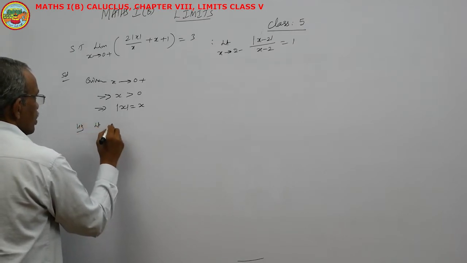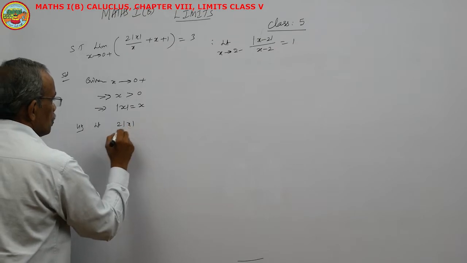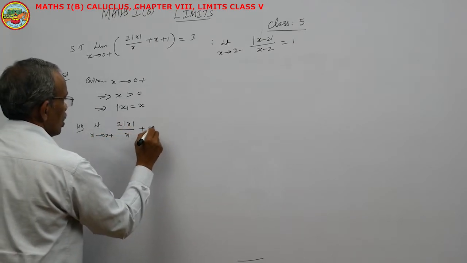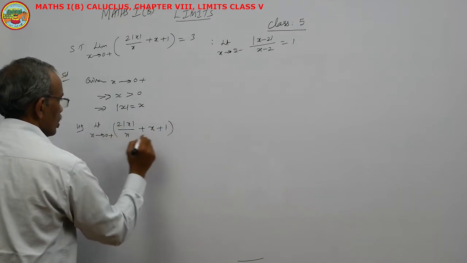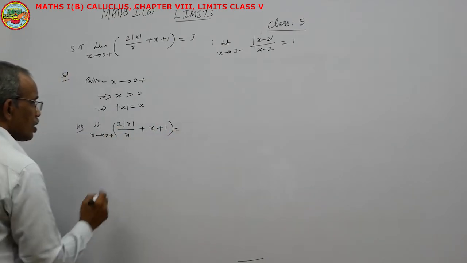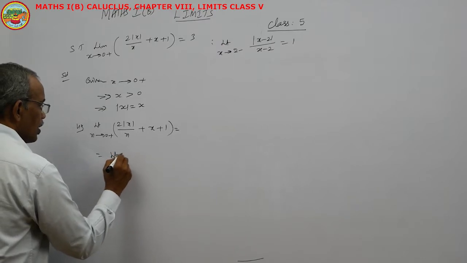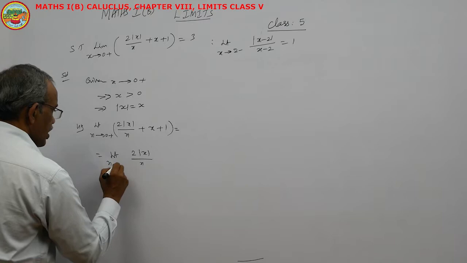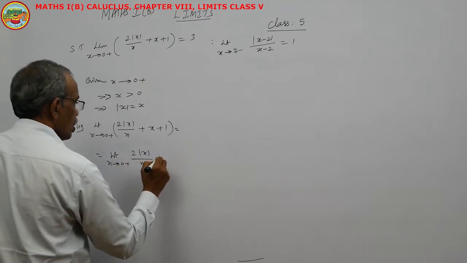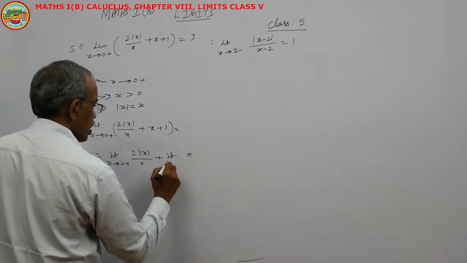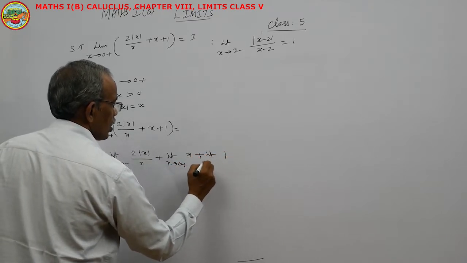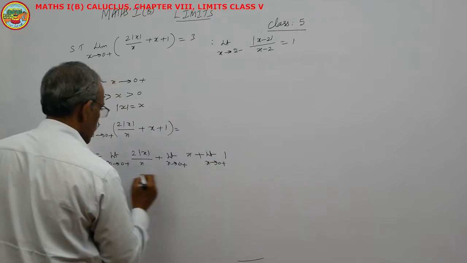Therefore, LHS is the limit of 2 mod x by x plus 1 as x tends to 0 plus. This is equal to the limit of 2 modulus x by x as x tends to 0 plus, plus the limit of 1 as x tends to 0 plus.